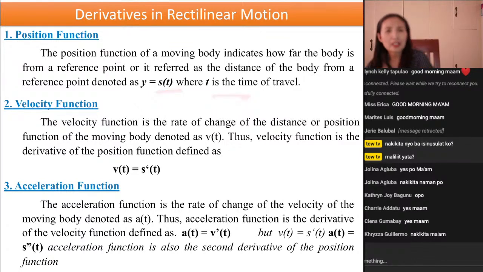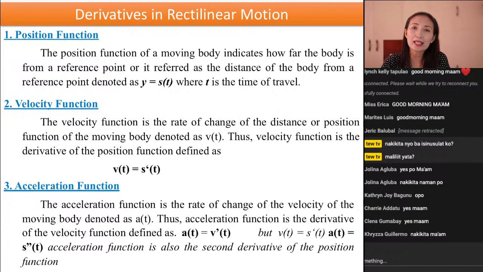Now, if S of t is provided, we can easily identify the velocity and acceleration. The first derivative of distance with time is the velocity. Take note that in physics, velocity is equal to the rate of change of distance with time, di ba? Kilometer per hour, mile per hour, and so on. So you have to remember that.